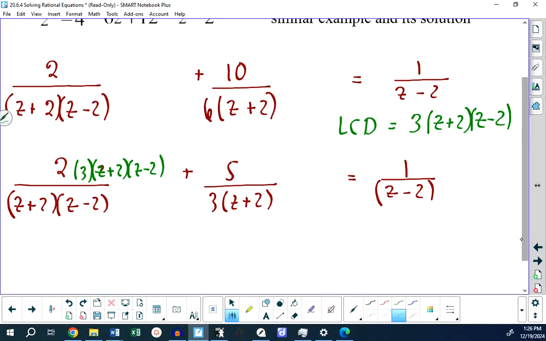And I mean, I could put brackets around the whole left side and say times that. I prefer to write times that common denominator for each and every term. I'm allowed to multiply an equation, both sides of an equation, by anything I want.